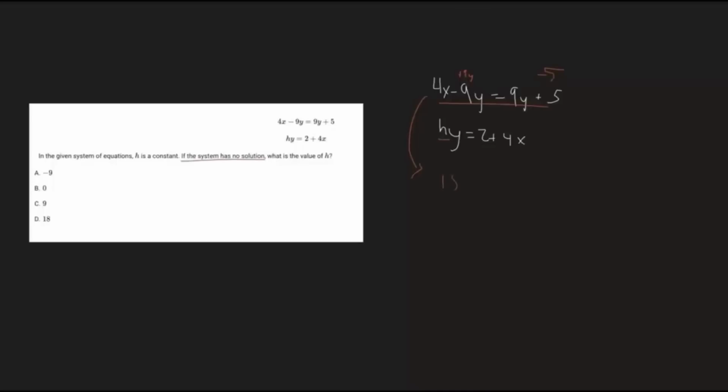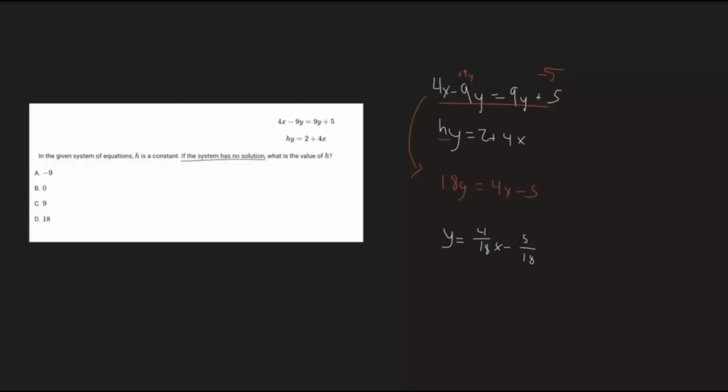So we have 18y equals 4x minus 5. And now for slope-intercept form, this will just simplify. We divide both sides by 18. So y will be equivalent to 4/18 x minus 5/18.